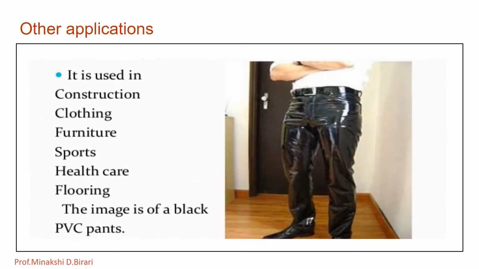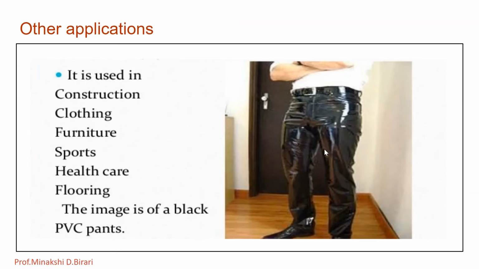Also, there are other applications of PVC for the manufacture of artificial leather, for the preparation of tablecloths, curtains, gramophone records, floor coverings. In short, it is used in construction, clothing, furniture, sports, healthcare, flooring, etc. Here in this image we can observe black PVC pants.